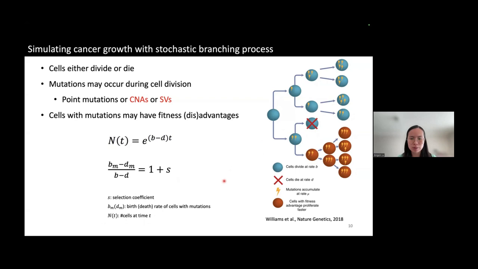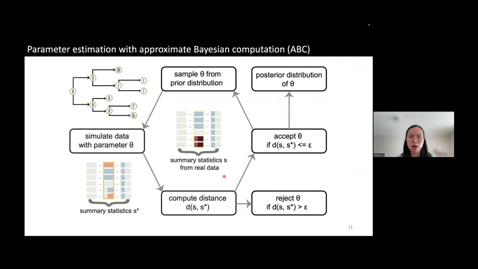Then, using the simulated data, we can apply a statistical approach called approximate Bayesian computation to fit the model to real data. Simply speaking, we sample parameters of the model from prior distributions, and then we simulate the model according to the branching process model to generate some data. Because it's usually hard to compare the full data, we derive some summary statistics from the data, and then we compare the summary statistics of the simulated and the real data.